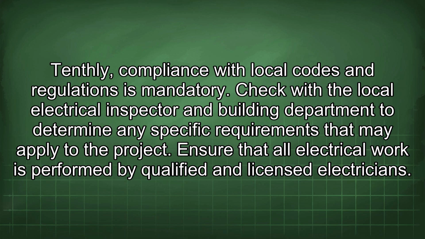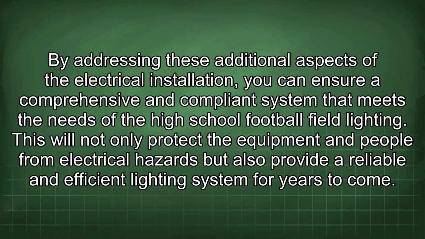Ensure that all electrical work is performed by qualified and licensed electricians. By addressing these additional aspects of the electrical installation, you can ensure a comprehensive and compliant system that meets the needs of the high school football field lighting. This will not only protect the equipment and people from electrical hazards, but also provide a reliable and efficient lighting system for years to come.